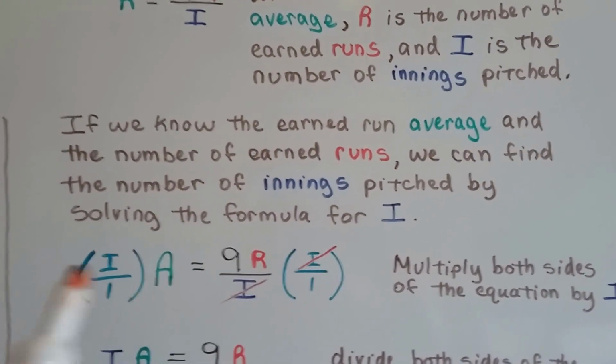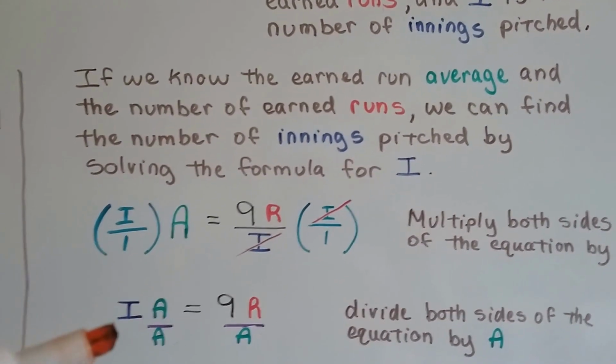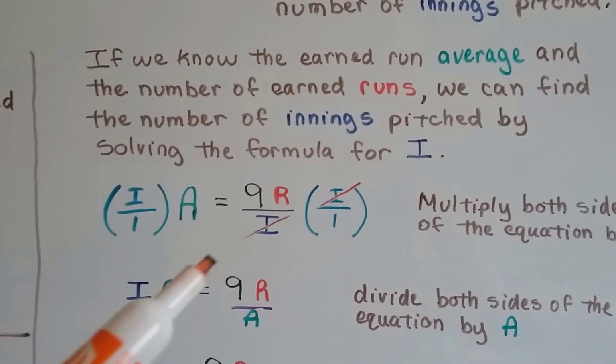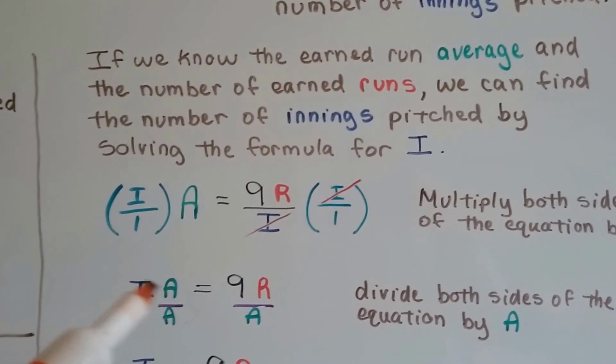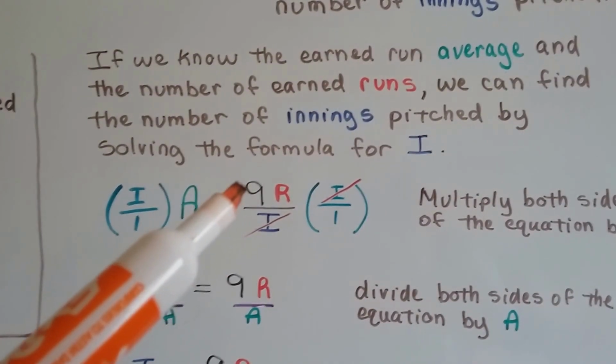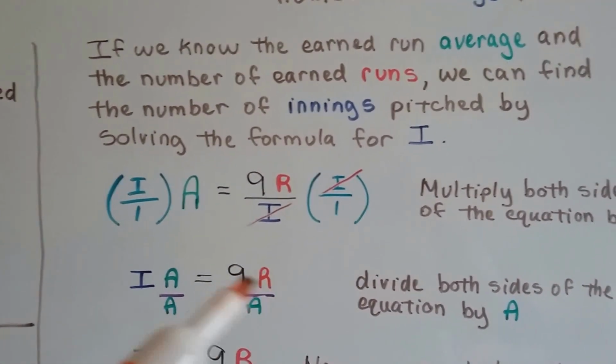We multiply each side of the formula by I, and we get I times A over 1, which simplifies to just I times A, and this becomes 9 times R over 1, which simplifies to 9R.